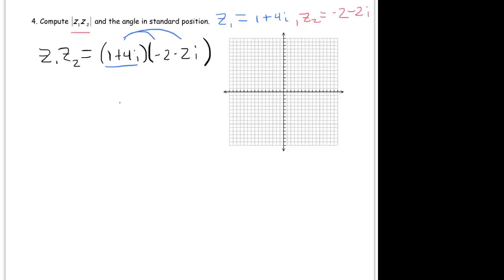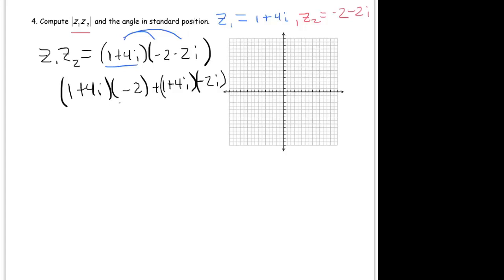So that gives me 1 plus 4i times negative 2, plus 1 plus 4i times the negative 2i.